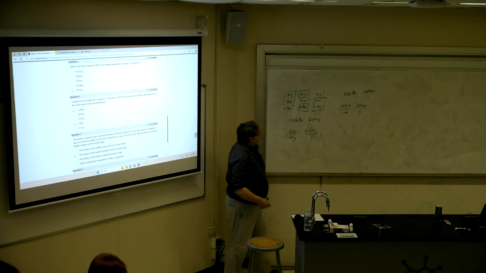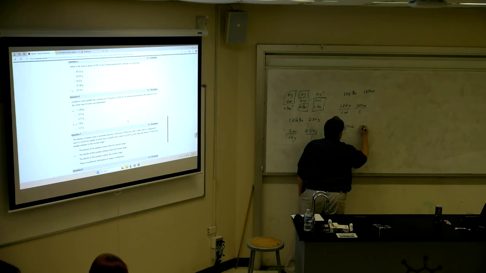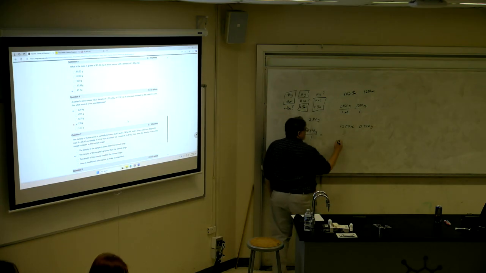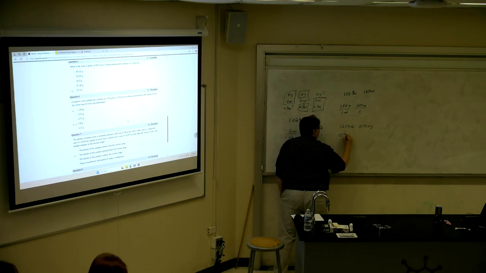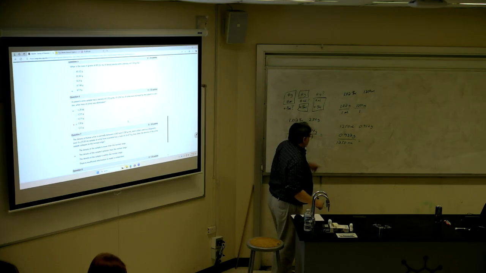And then you might just be given 1,250 milliliters. It has 0.932 grams. And then you would just go, to have density, you need grams per milliliter. And then I would just divide this by this.